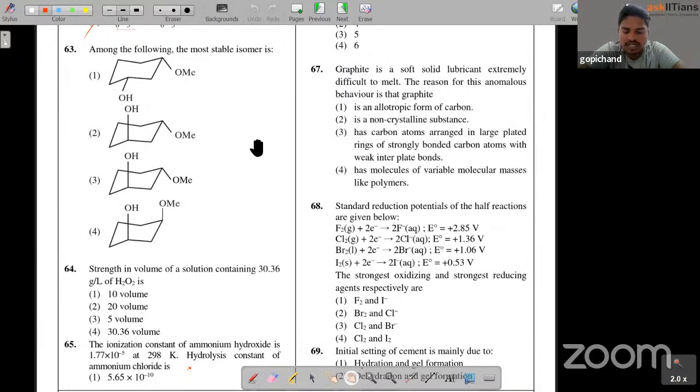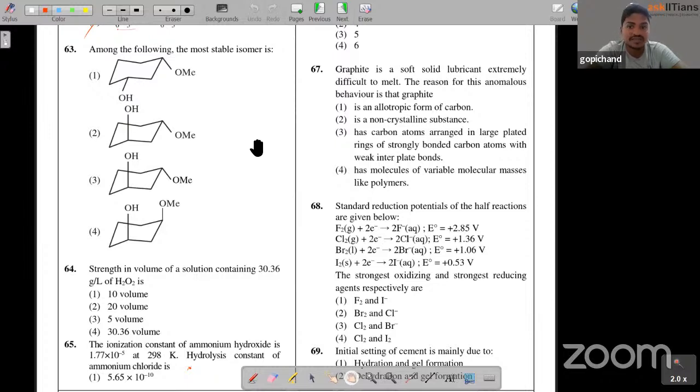There are some concepts like hyperconjugation, and these all are cyclic compounds, or we can say that these are the conformers of cyclohexane. We know that for conformers, the chair form is more stable, and in the boat form you will have repulsion. So the chair form is the more stable conformer of cyclohexane, but everything is given in chair form only, so everything will be stable.